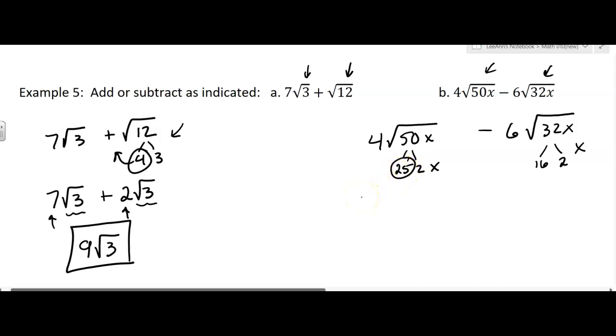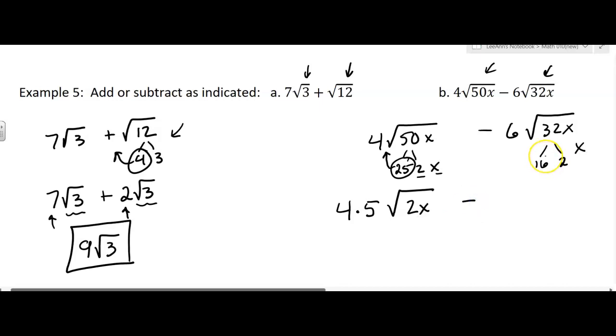Now notice when I write it, I have 4. The 5 is going to come out, so 4 times 5. And then what's left inside the radical? The 2 and the x, 2x. So that takes a little bit of getting used to, but hopefully that makes sense and you can do it that way. Or if you need more writing, there's other ways you could write it.